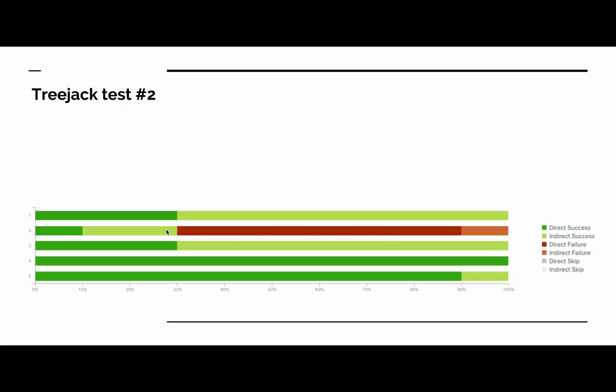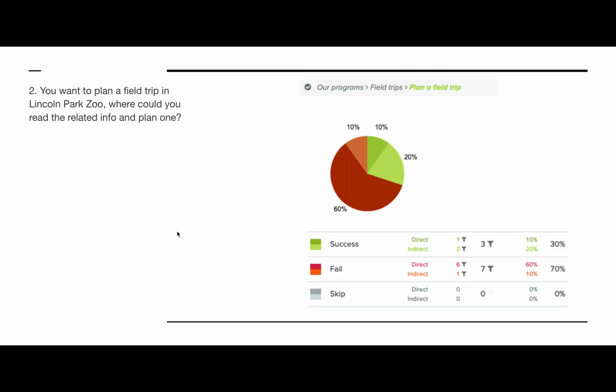Based on that data, I conducted the second round of TreeJack test. As you can see, the failure rate of the second test was still pretty high. That means my assumption was correct, because I used the term plan in both.